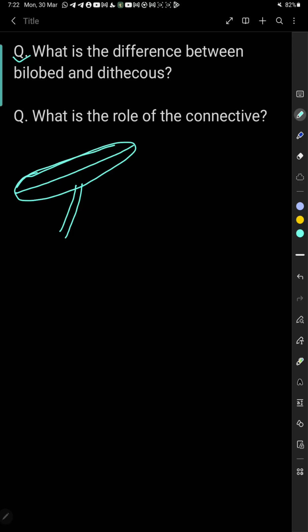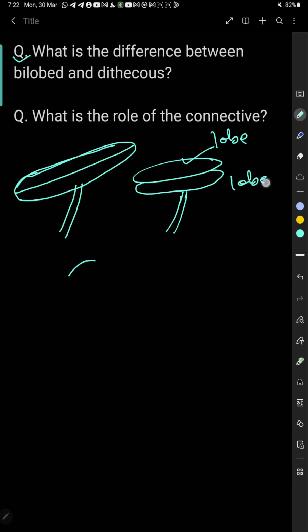The whole structure is the anther, and these are two projections, two flat projections. Now when we take the transverse section, we see that this is one lobe, this is another lobe.